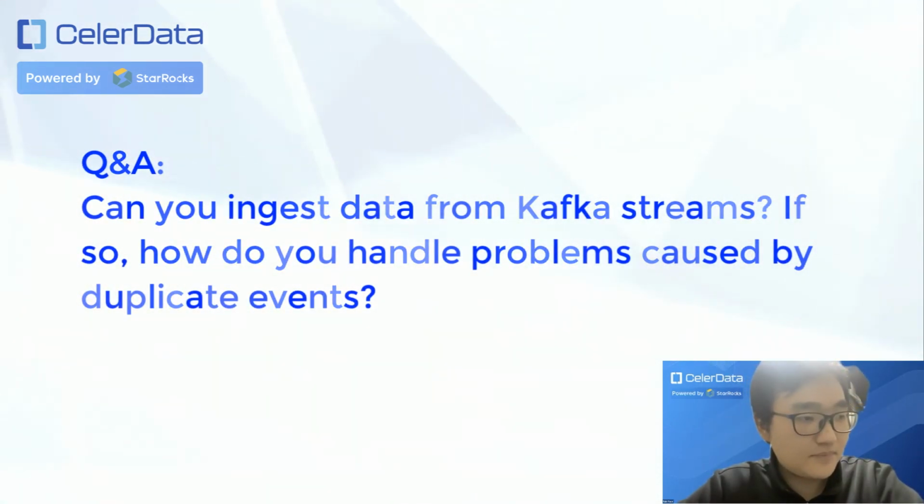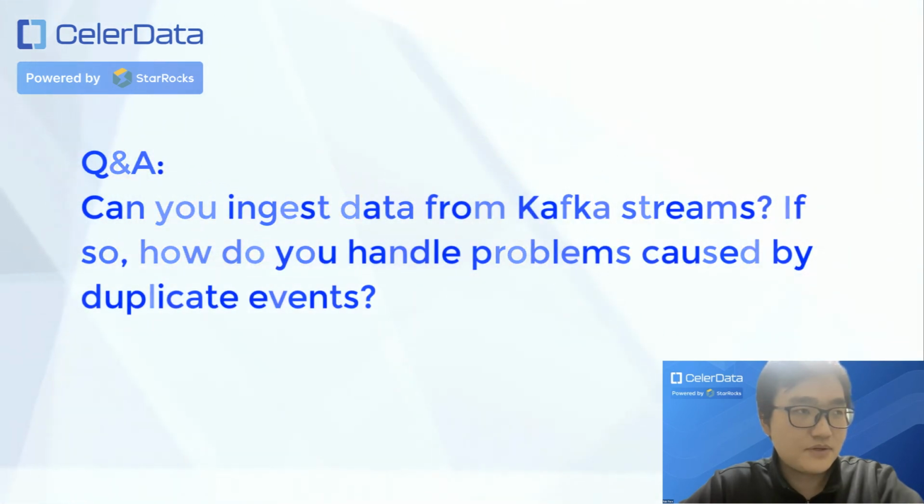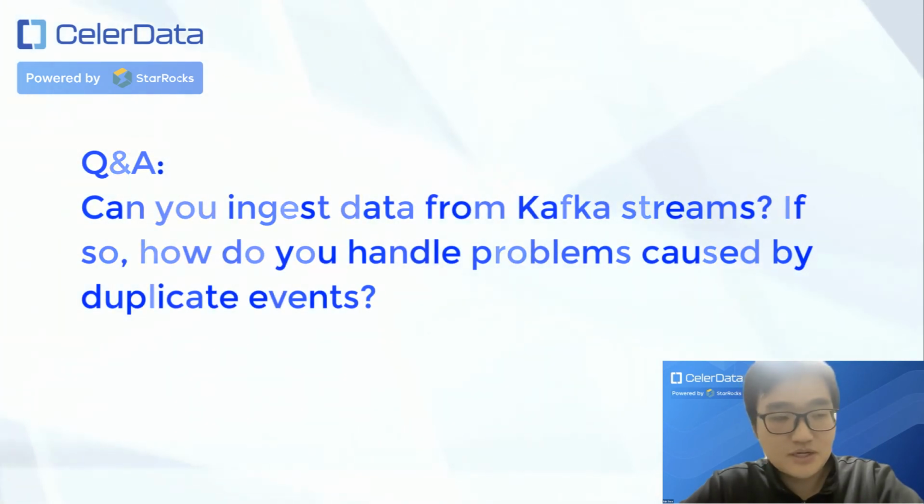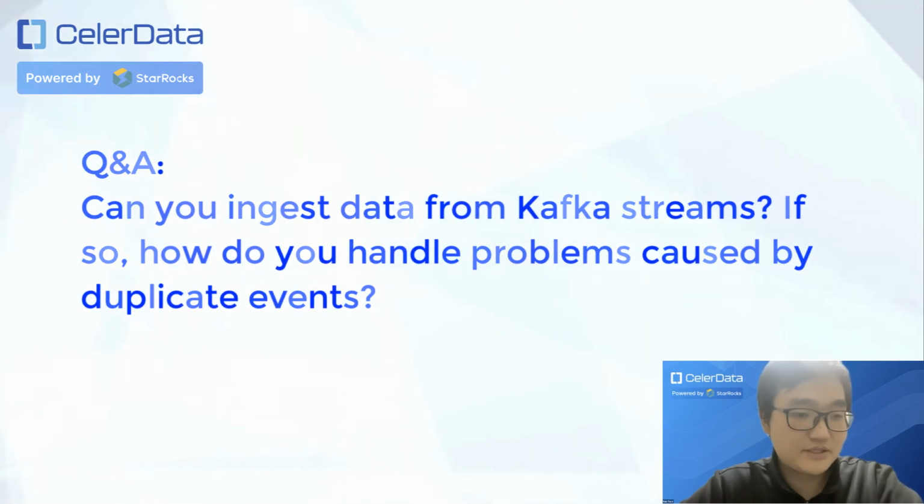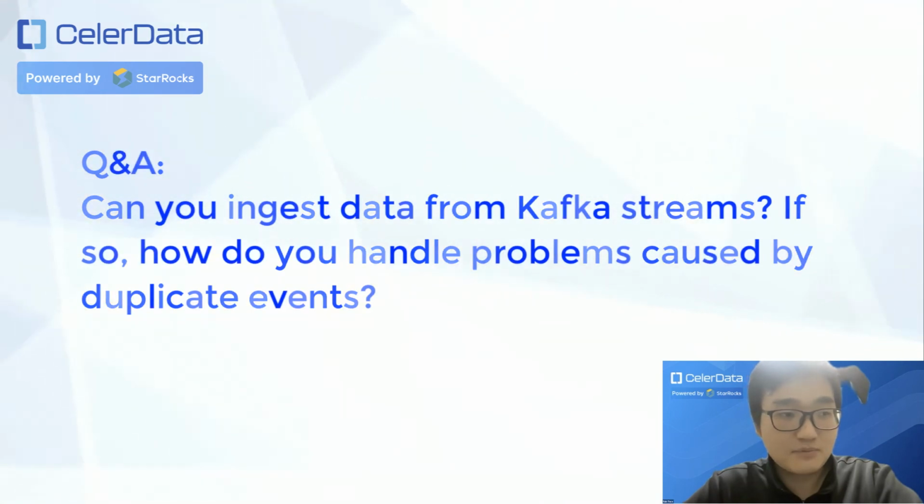Yes, and yes, we do have a load called routine load that can read from Kafka messages, and for duplication, you can use our primary key model, which features a primary key and automatically deduplicates your data. But it really depends on whether the duplicated events are by accident or by nature, where multiple same events come in.